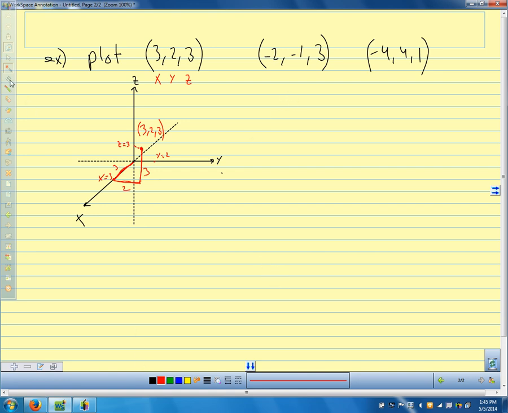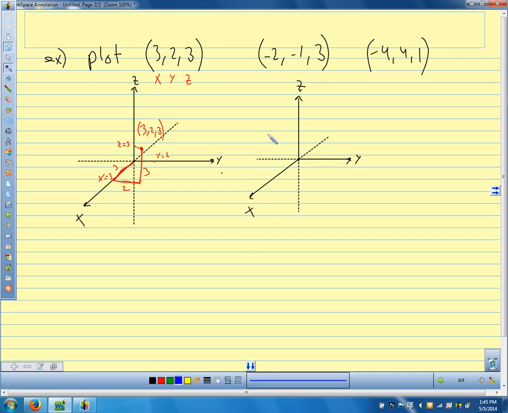So let's plot this next one. Solid line here, and dotted lines for my negatives. And this is my z, my y, and my x.